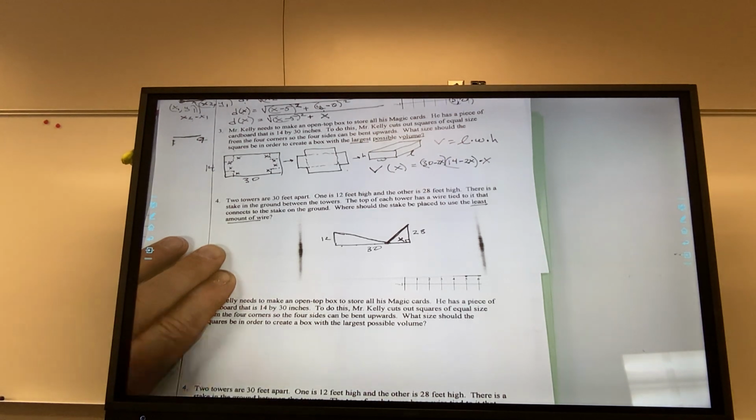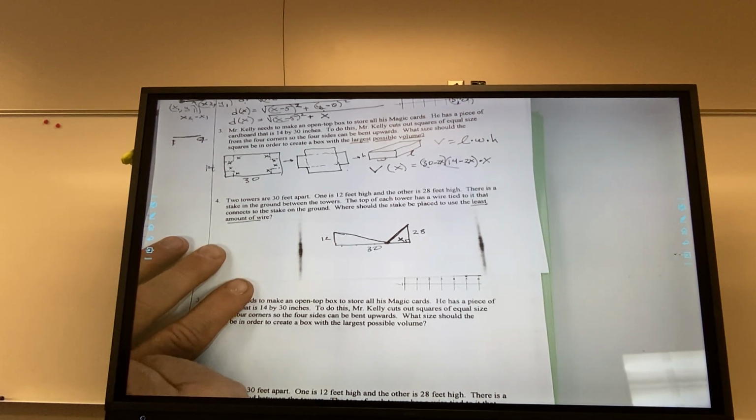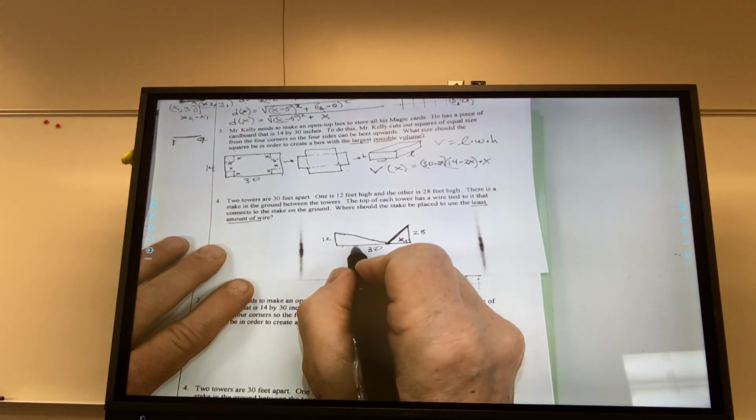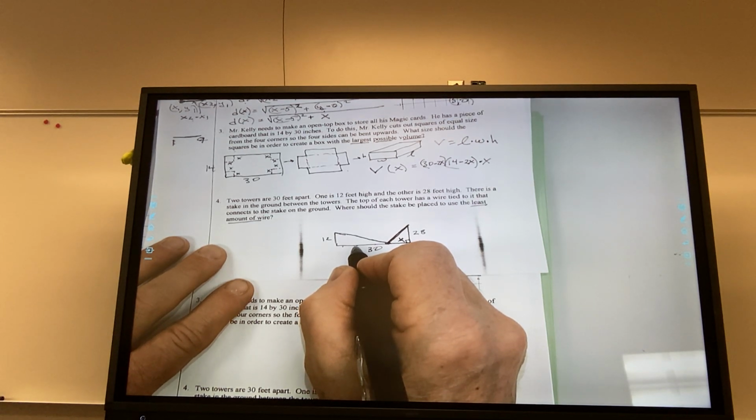You know what, I'm not disagreeing with you. Where's 30 minus X? The bottom. Right here or right here? You're correct, but it's not either or.